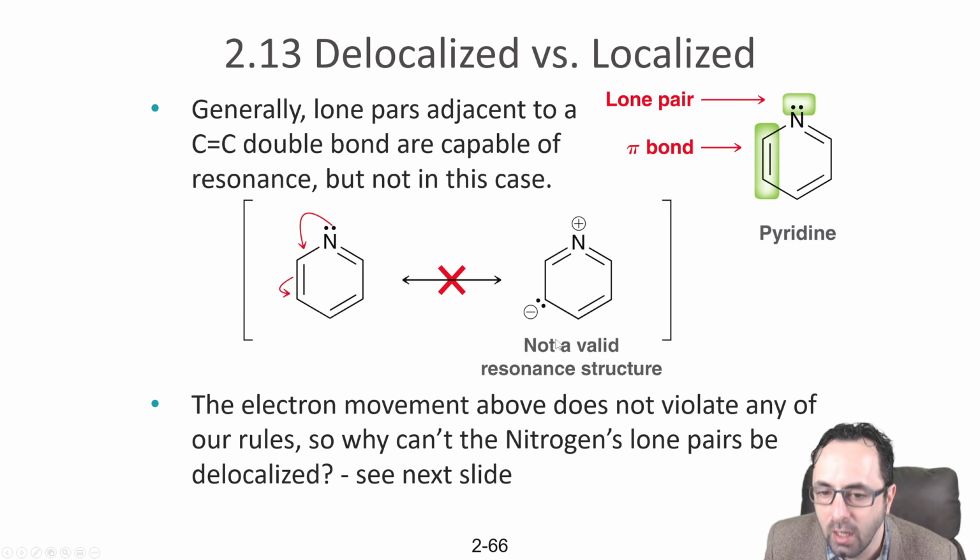But that shape is not a valid resonance structure, and the reason why is because of the ring. The p orbitals can't overlap and line up in order to form the proper pi bond.